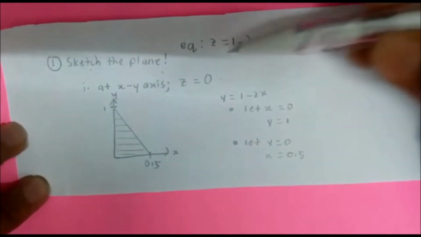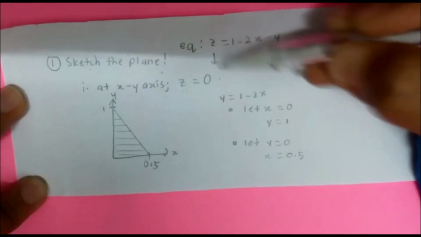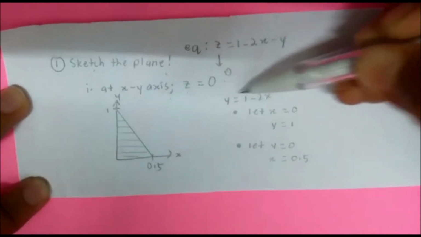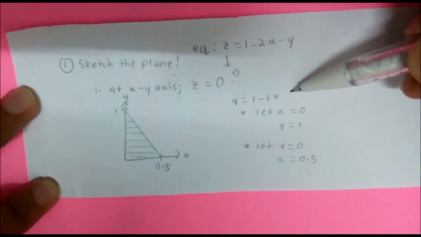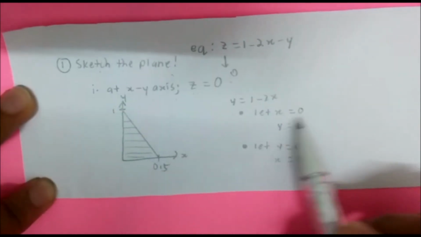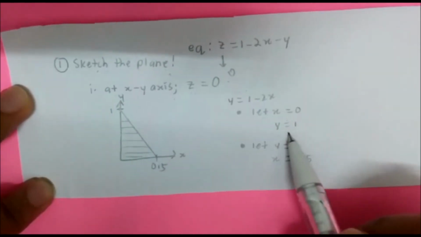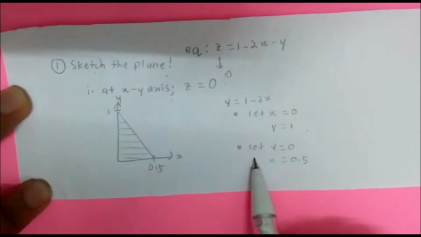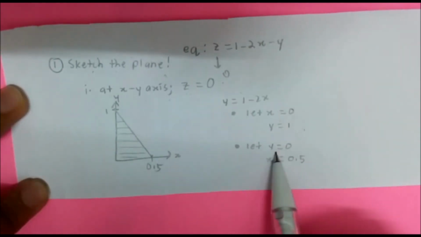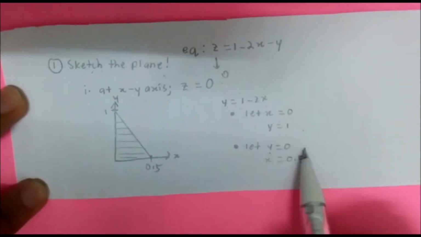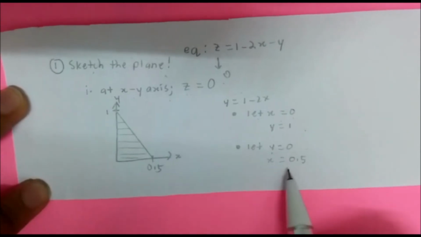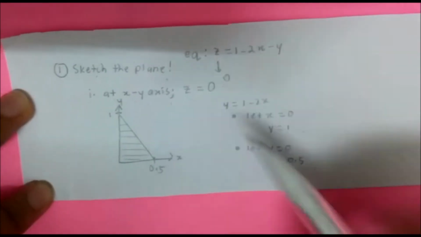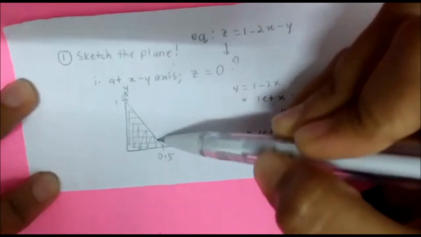If z equals 0, this is 0, so we get y equals 1 minus 2x. First, we let x equal 0 and we get y equals 1. And same goes for y, we let y equal 0 and we will get x equals 0.5. So this is for the xy plane.